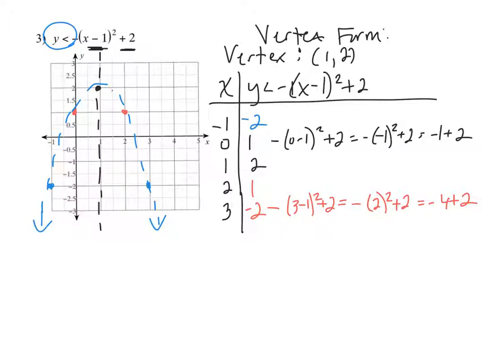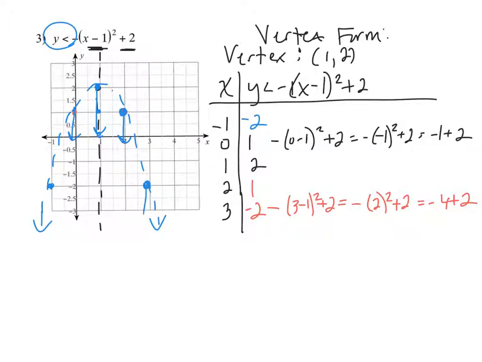Now this one says y is less than. So again, find your y values. So here's a y value of y equals 2, and what's less than that? Well, 1 is, 0 is. So at this y value, 1 is less than that, or down this way. Y equals negative 2 right here.